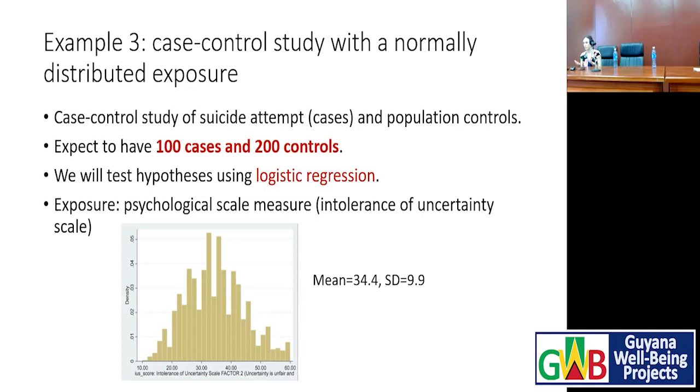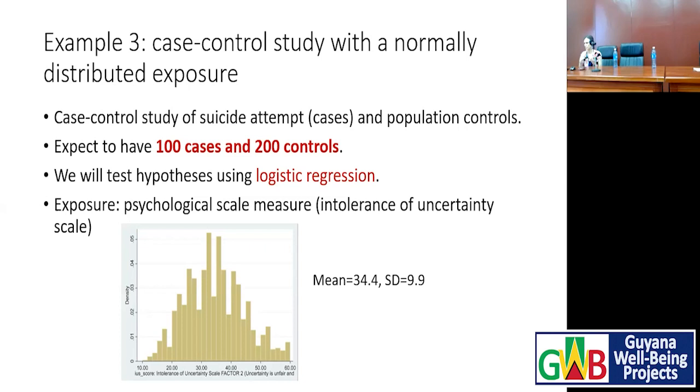We have a thankfully rare outcome, in which case a case control study is a good design. We're going to say that we expect to be able to enroll 100 cases and 200 controls, and we're going to test our hypotheses using logistic regression, which is an appropriate method for analyzing these case control studies.